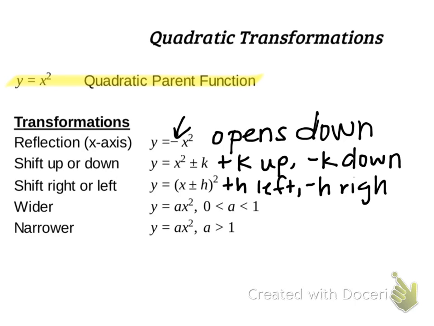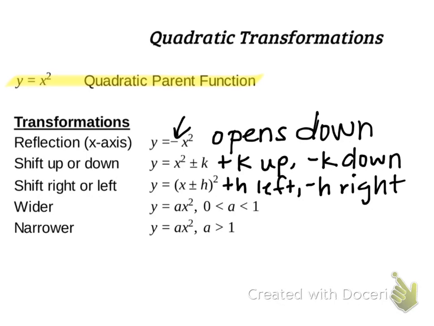Those are backwards. If you can explain to me why that is, then I will give you some extra credit. If you want it to become wider, you have ax squared, where a is between 0 and 1. We can't just say that it's less than 1, because that would include negative numbers, and the negative makes it open down.